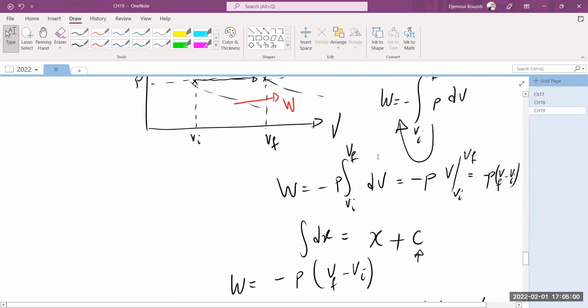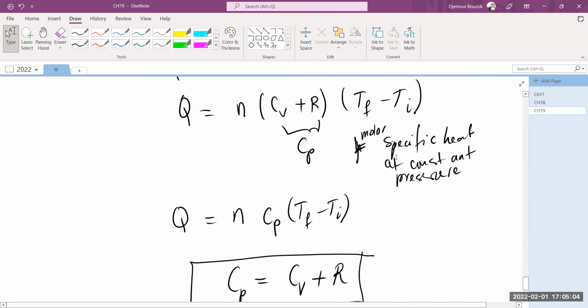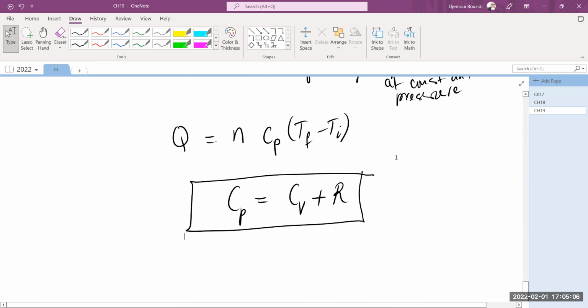I called it a little bit more involved because it introduces a new concept, and that is the molar specific heat at constant pressure. I'm going to introduce a new constant called gamma, and gamma is by definition the ratio of C_P over C_V. So this is the ratio of molar specific heats.